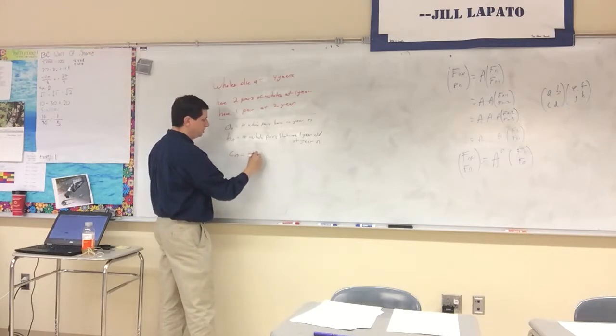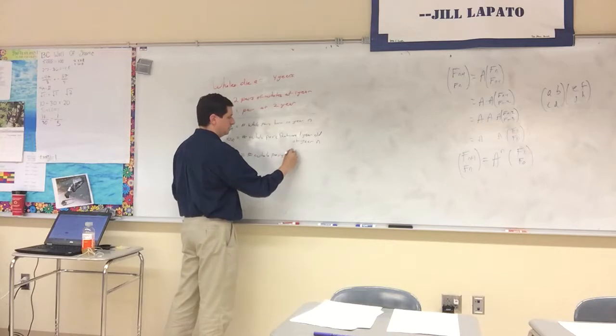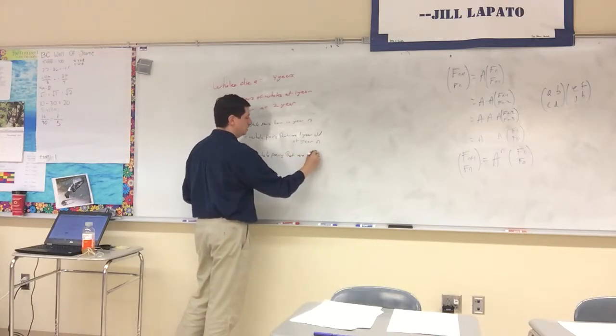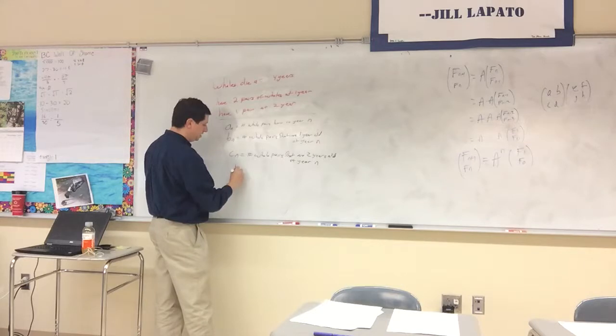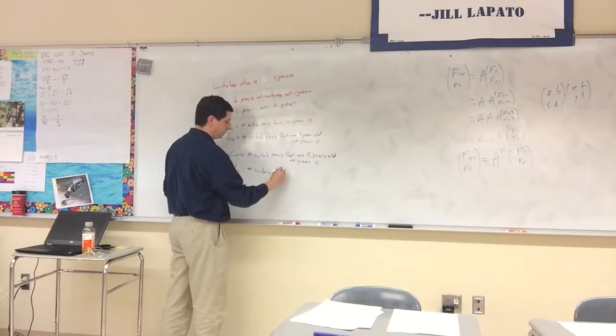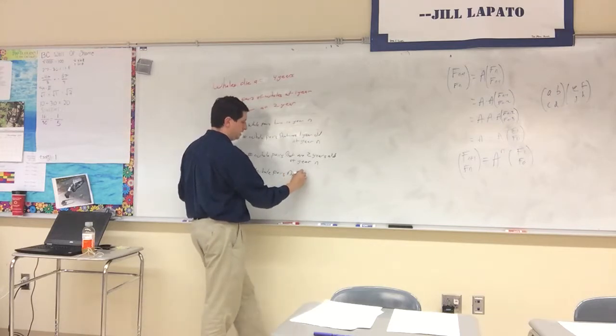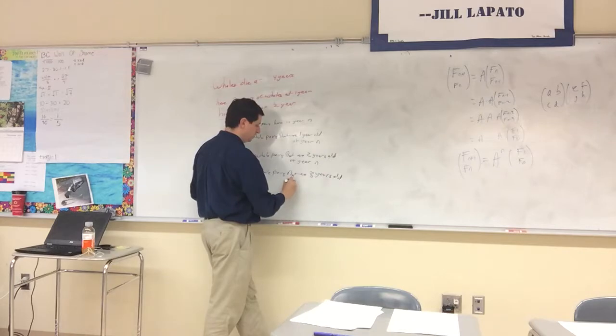Cn will be the number of whale pairs that are 2 years old at year n. Dn will be the number of whale pairs that are 3 years old at year n.